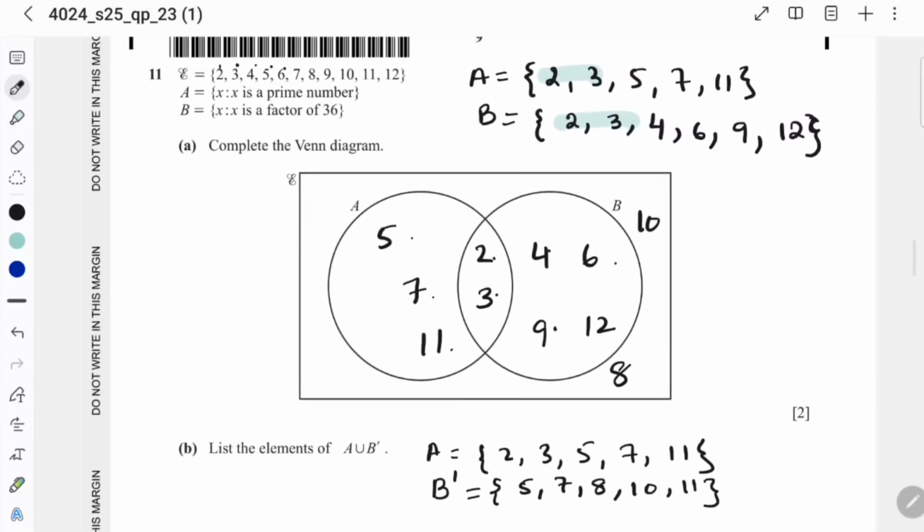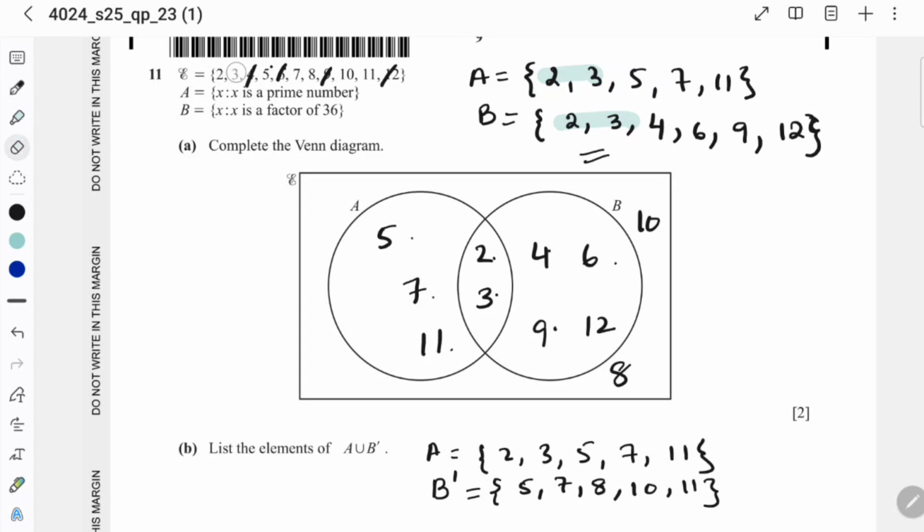I'm just explaining it again: 2, 3, 6, 9 and 12, and then it has the numbers which are left there. Sorry, 4 was also there: 5, 7, 8, 10 and 11. They are left.